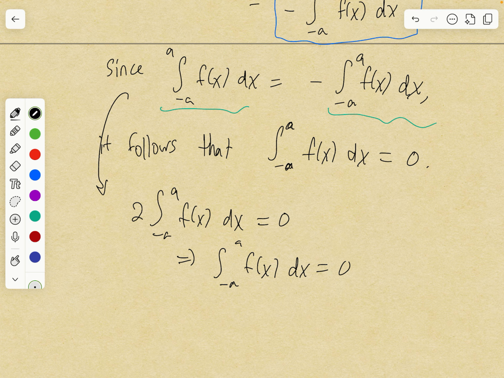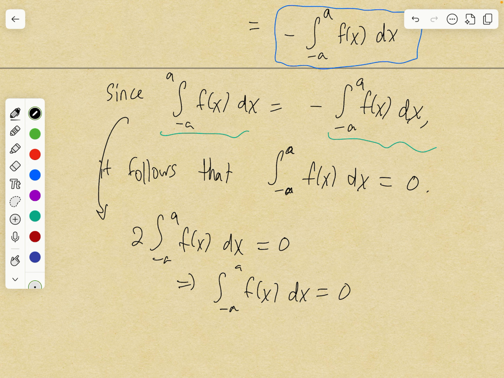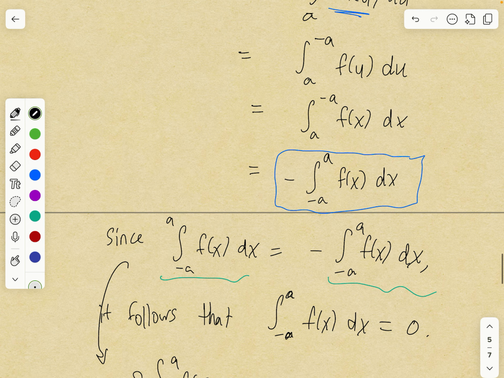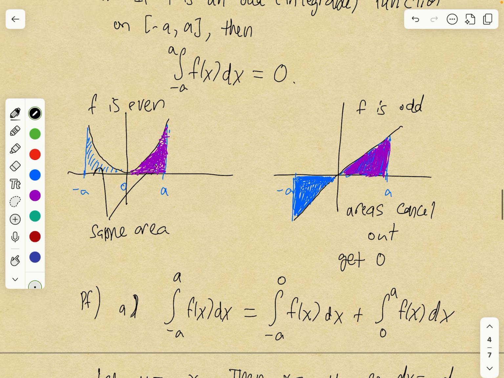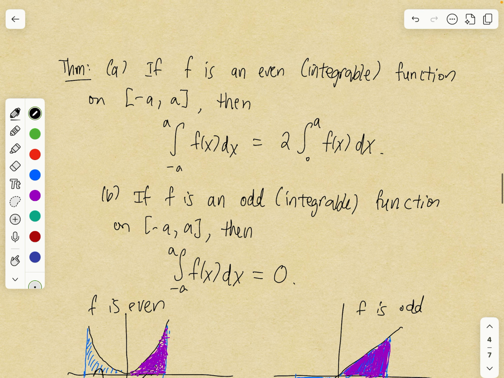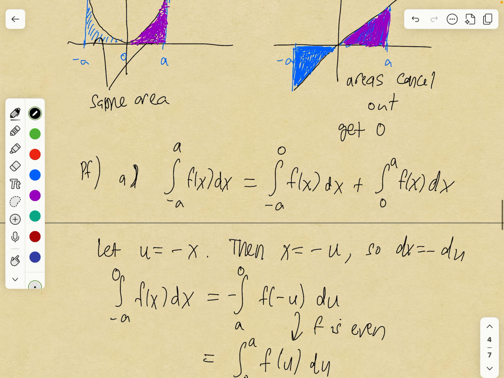That's another way of seeing it. But I think it's a little easier to just observe that you have a number that is negative itself, and the only way that can happen is if the number is 0. Okay, so that is a basic property of even and odd functions.